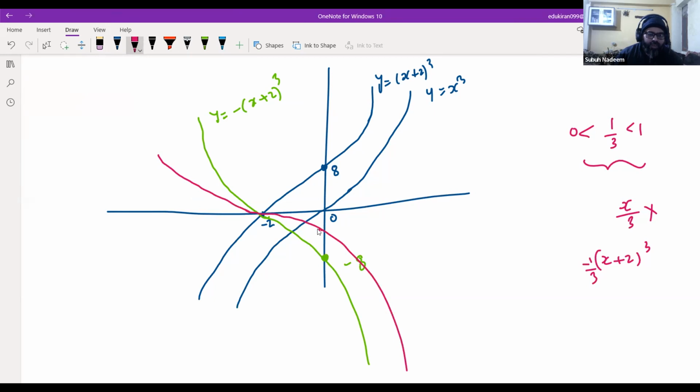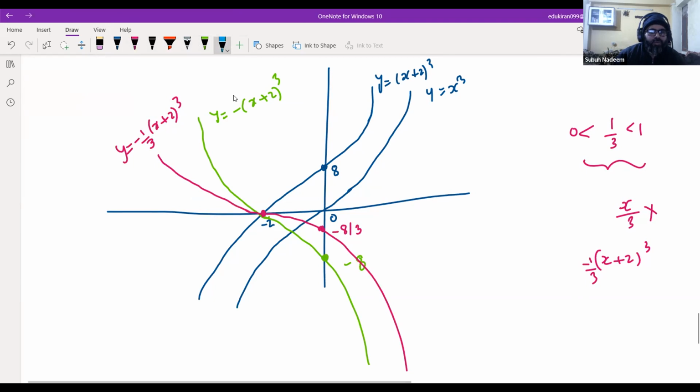Now this point here will be, so this is minus 1 by 3, so this will be minus 8 by 3. 3 times it will compress. So this is y is equal to minus 1 by 3 (x plus 2) whole cube. Minus we acted separately, 1 by 3 acted separately.